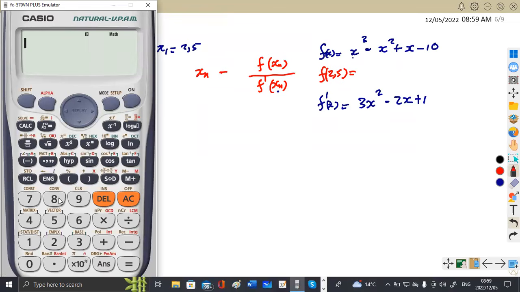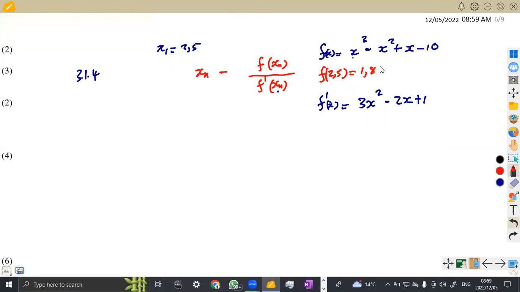Anyways, let's substitute 2.5 here: 2.5 to the exponent of 3 minus 2.5 to the exponent of 2 plus 2.5 minus 10. So this is 1.875. We do the same on the first derivative, substituting 2.5.